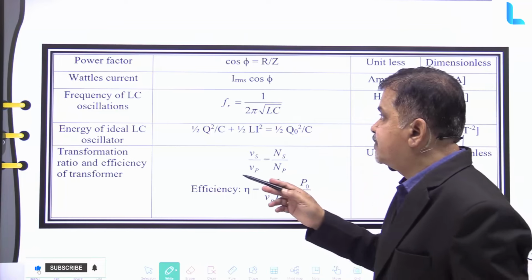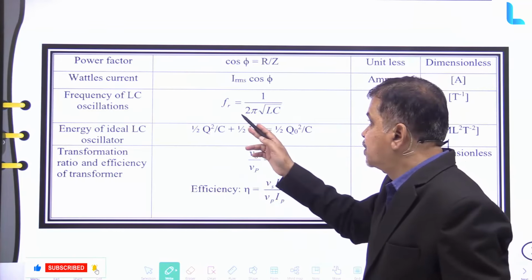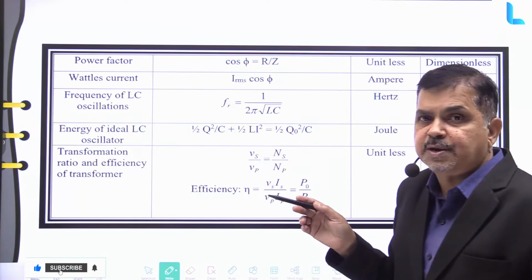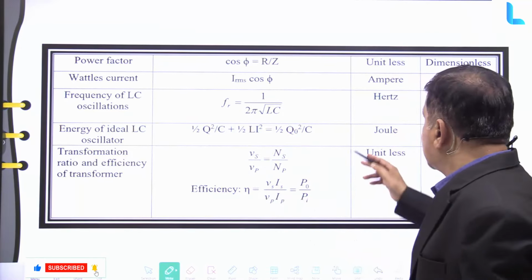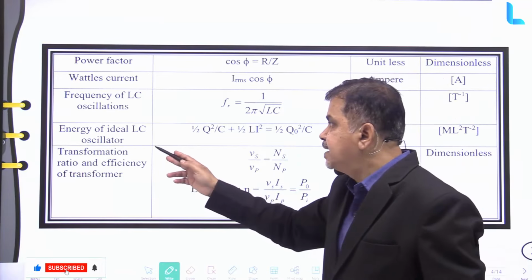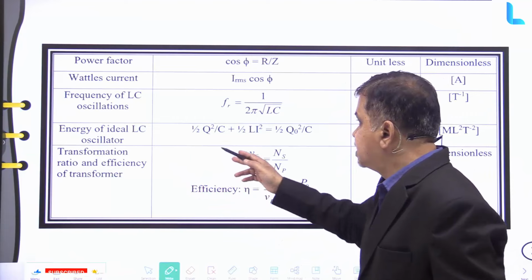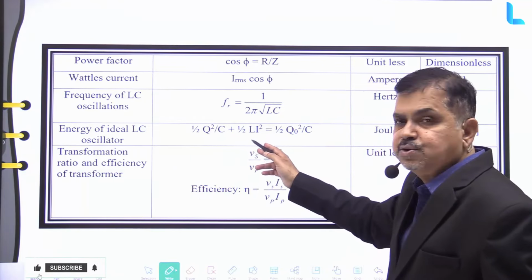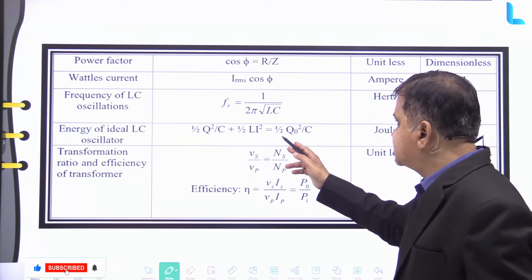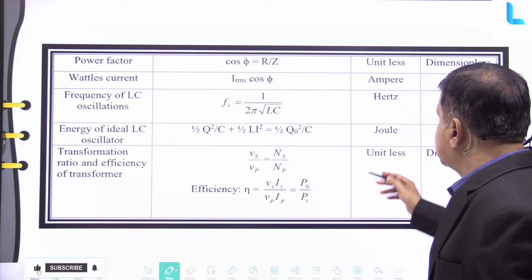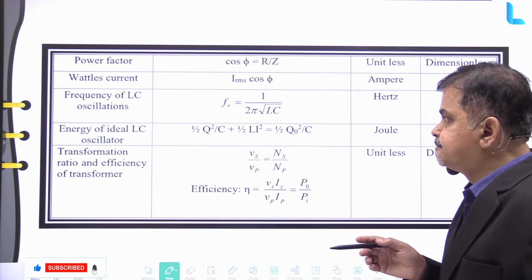For the frequency of LC oscillations, Fr is given by 1 divided by 2 pi into square root of LC, and its unit is hertz. The energy of an ideal LC oscillator is given by half Q square divided by C plus half L i square, and that is also equal to half Q naught squared divided by C. Its unit is joule.